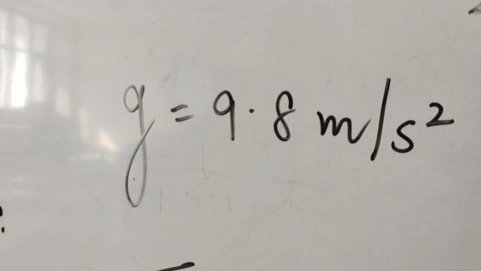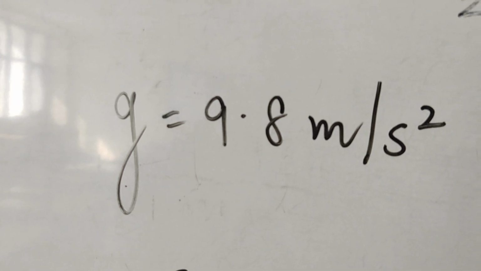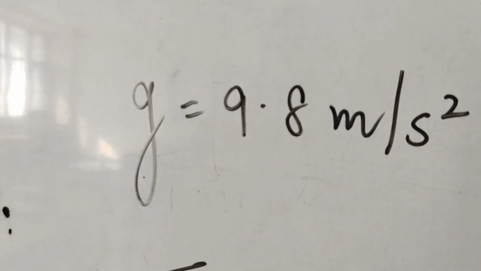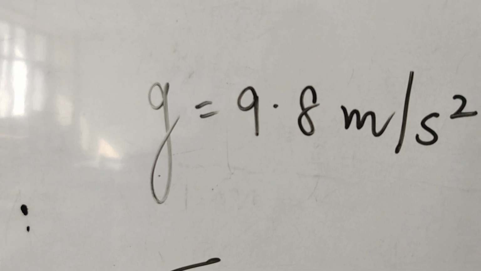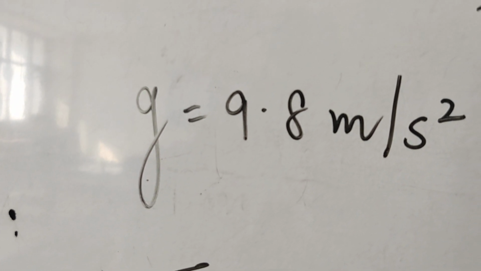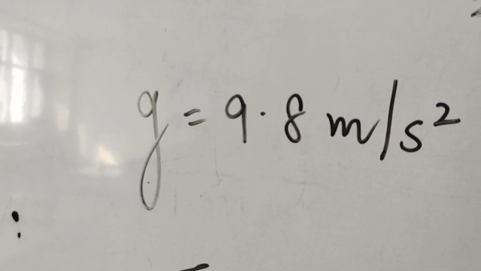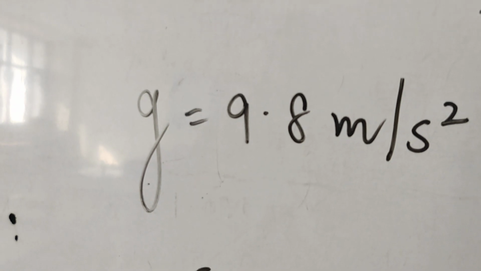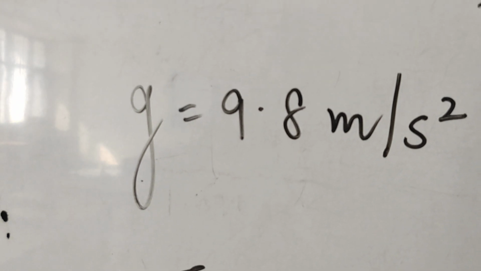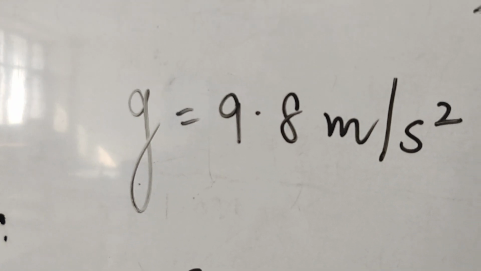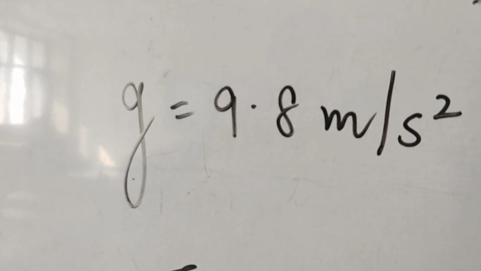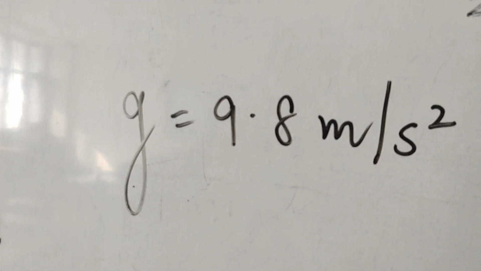Here remember that in case of the potential energy numericals, small g, acceleration due to gravity, should be taken as 9.8 meter per second square if not given in the question. If it is given that you take it as 10 meter per second square, then only you can take it as 10 meter per second square. Otherwise, you have to take the value as 9.8 meter per second square.